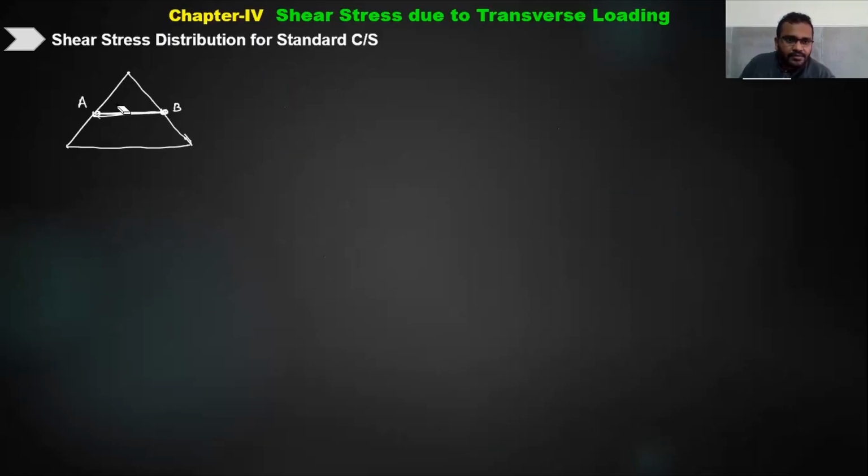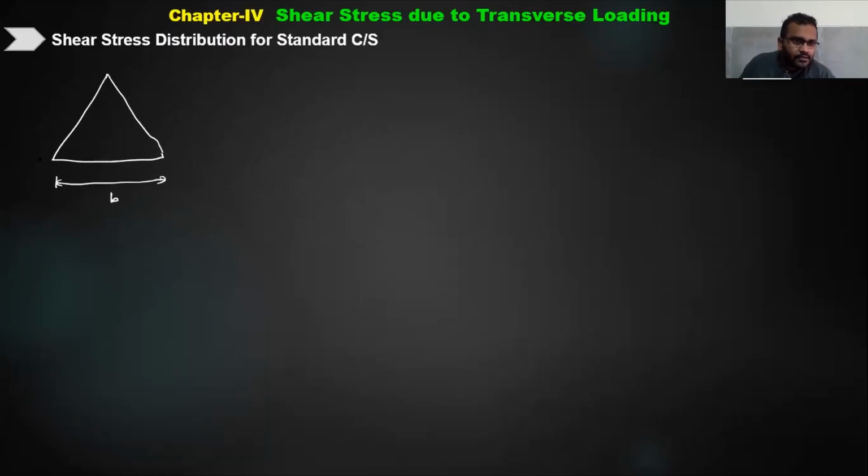I had taken it a bit higher, okay, let me redraw it. This is my base B and this is height h. The layer is somewhere here. AB layer is here, or let's say not AB, let's take PQ as the layer.